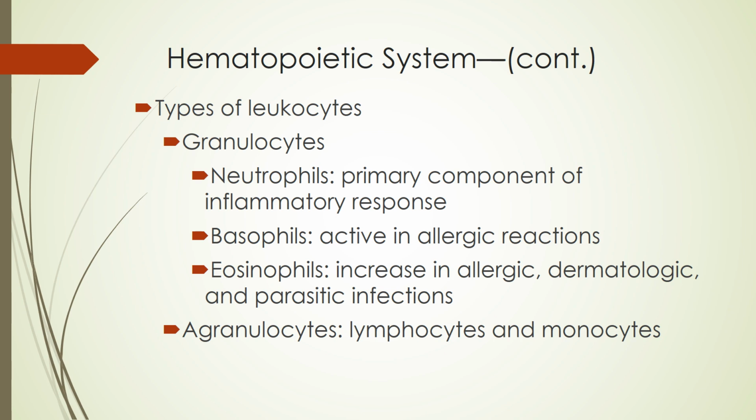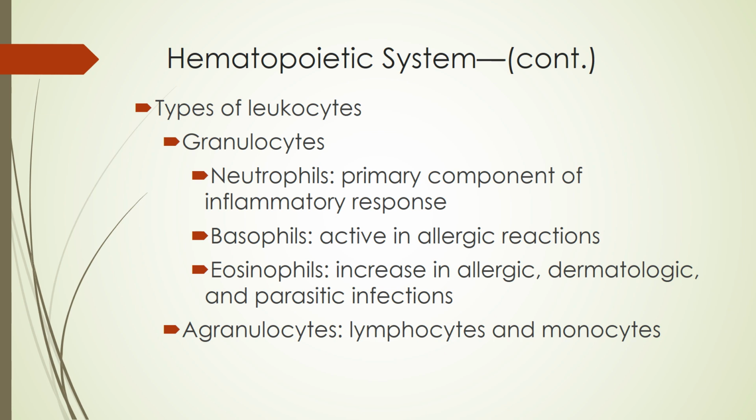They ingest and digest bacteria and other foreign substances. Basophils are also able to perform phagocytosis, and they are active in allergic reactions. Eosinophils are also phagocytic. Their numbers increase with allergic reactions, dermatological disorders, and parasitic infections.